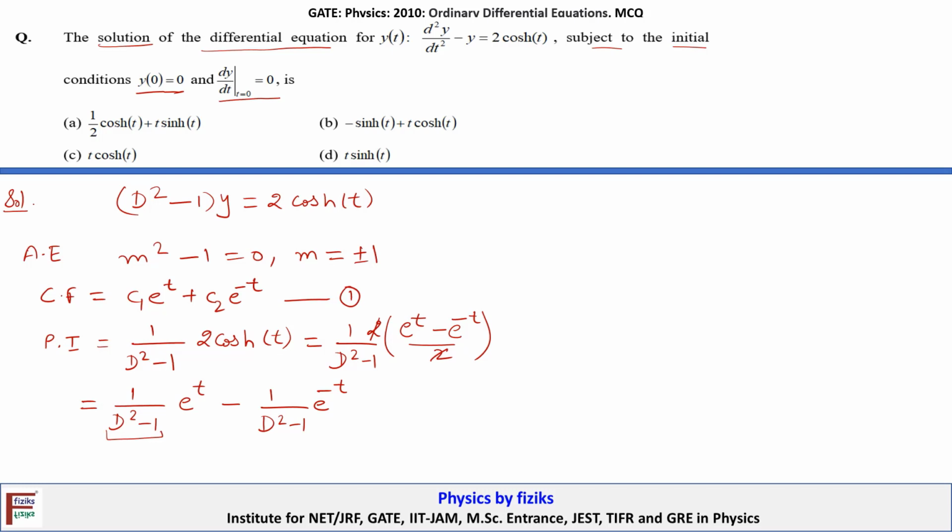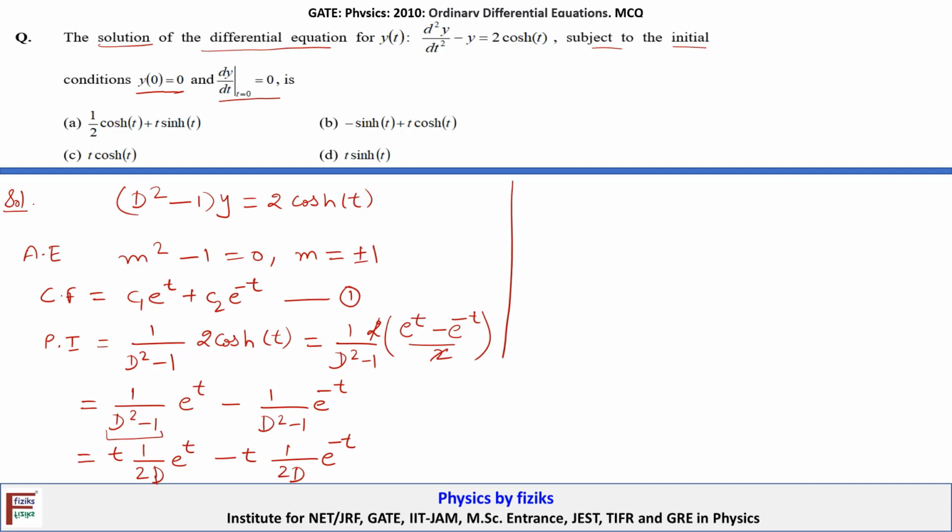Therefore we multiply by the independent variable t and take the derivative of the denominator, which is 2D. We can write it as t times 1/(2D) e^t. Similarly for the next term, t times 1/(2D) e^(−t).